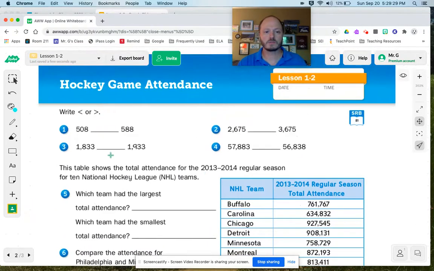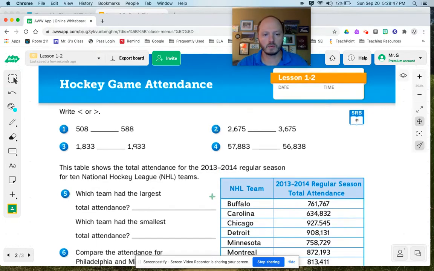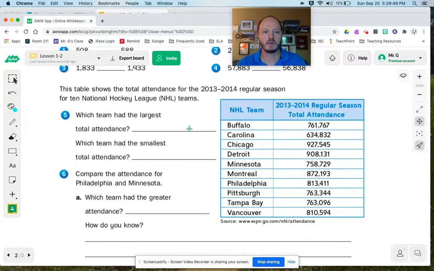And the first few questions are really just comparing the numbers. I'd like you to go through and work on comparing. And if we remember that the less than symbol and greater than symbol should have the alligator's mouth going towards the larger number, right? But down below here, we're going to be using this table to help us answer our questions about the largest attendance for hockey teams in the 2013 and 14 regular season.